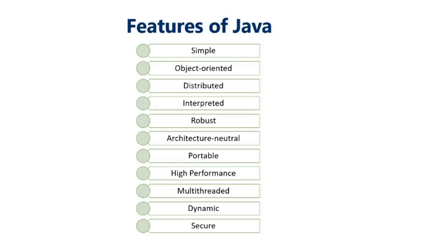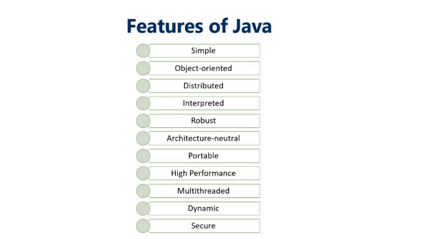Java is an object-oriented language. It is a pure object-oriented language. Now, what does this mean? Whenever you want to write even a single statement in a Java program, you must write that statement in a class only. Hence, it is purely object-oriented. So, whatever features are there in object orientation like encapsulation, polymorphism, inheritance, all those features are given in Java.